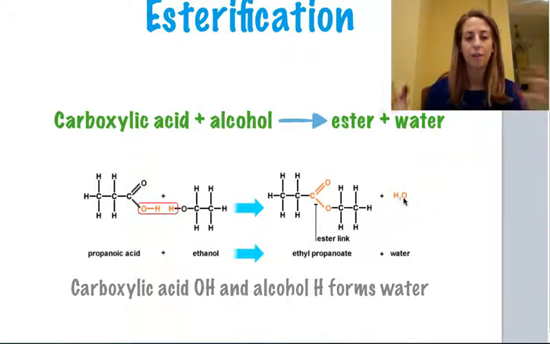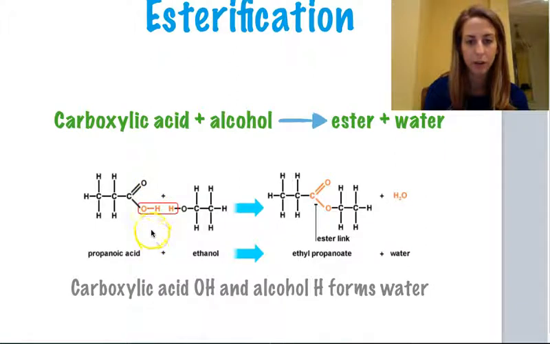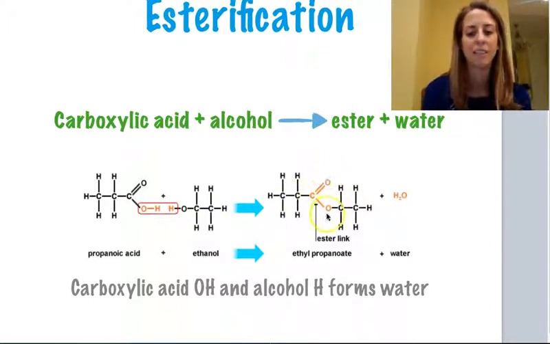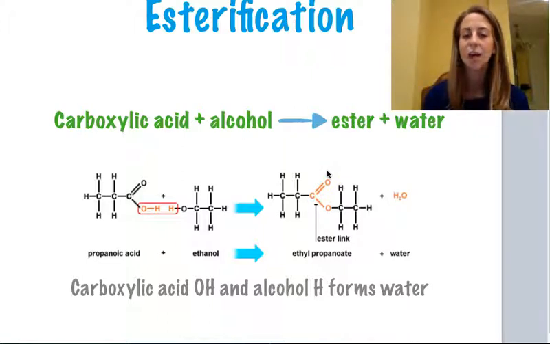Now those that fell off, we get rid of those, and that leaves this chain and this chain somewhat open, and they attach to each other, and that's how we form our ester link. It is probably a little bit more complex than this. However, all you need to know is that the OH off of the carboxylic acid donates along with the hydrogen from your alcohol to form your water.